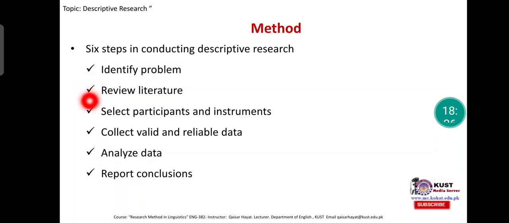After you identify the problem, the second point is review literature. Students, we would have a separate lecture on literature review, but let me clarify your mind about it. Literature review is actually studying about a fact on which you are doing research.